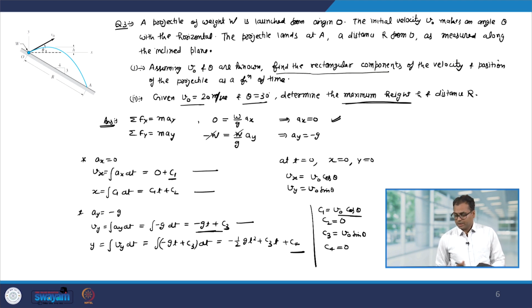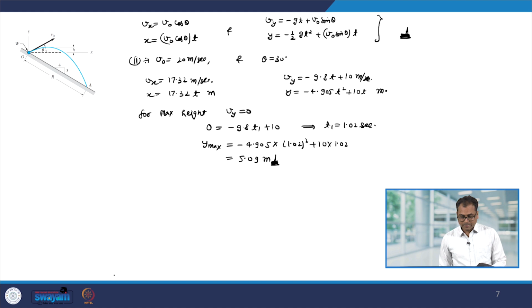In the problem statement, we have also been asked to find out the distance r. So, let us say the coordinate of point A is x and y, then x and y I can write down in terms of r, because this length is 4, then this length is 3, it is given. So, x will be 4 by 5 r and y will be minus 3 by 5 r. Now, let us put this value of x and y in these two equations.